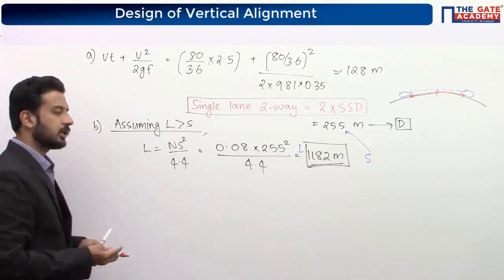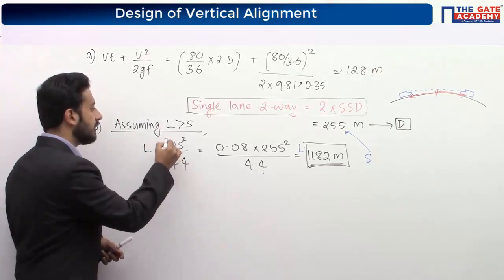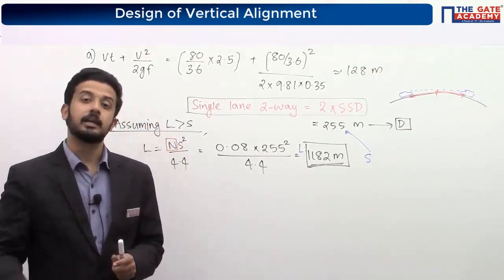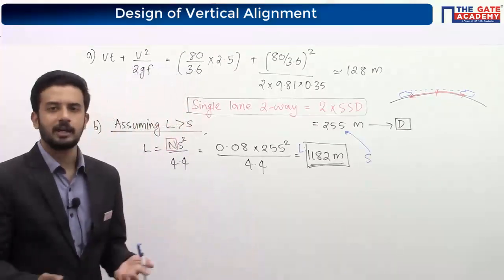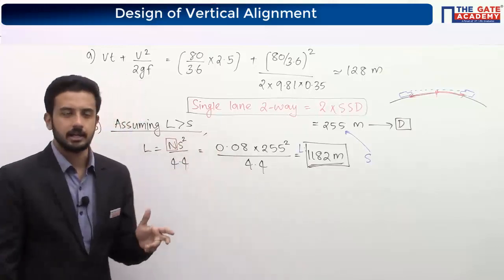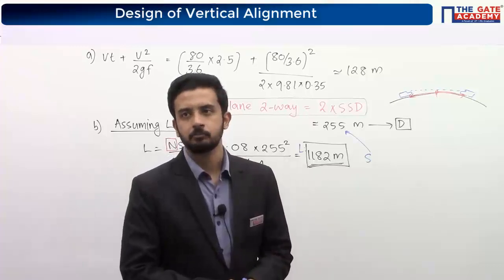And also in the calculation of length of summit curve, we are already taking care of the deviation angle, or the gradient. That's why in the analysis of summit curve or valley curve, we are not taking the plus or minus gradient in the stopping sight distance as per IRC.